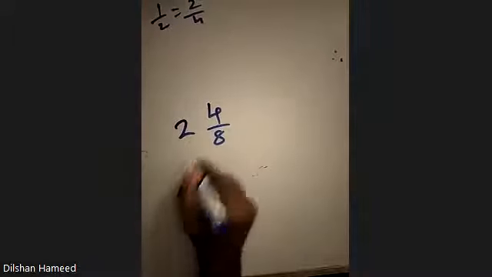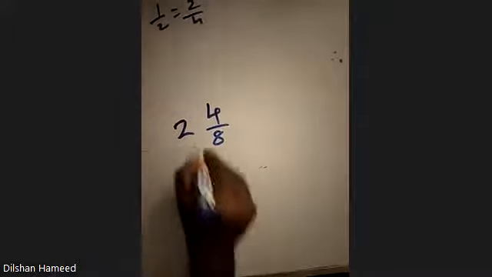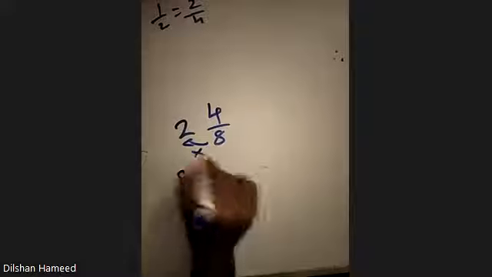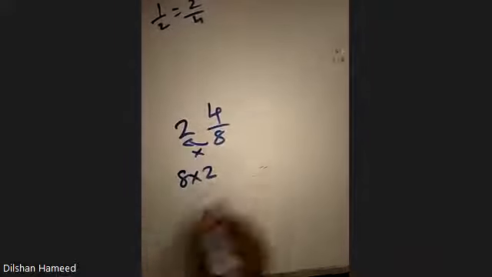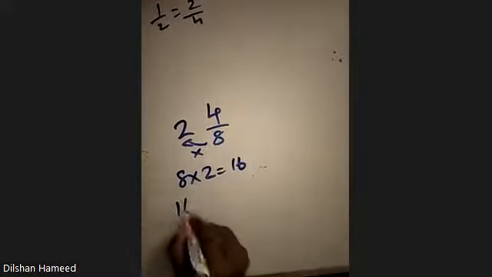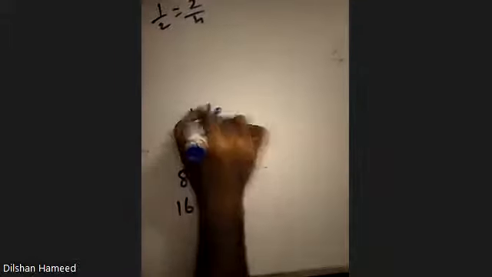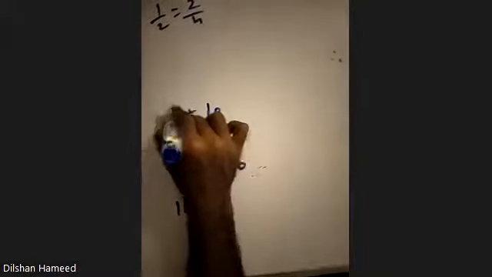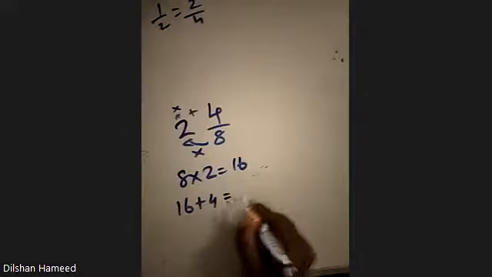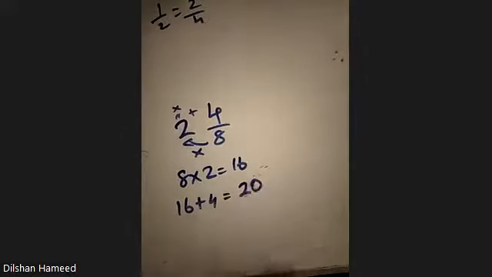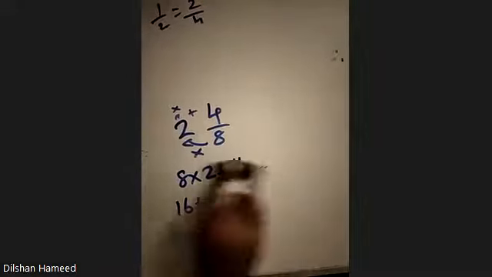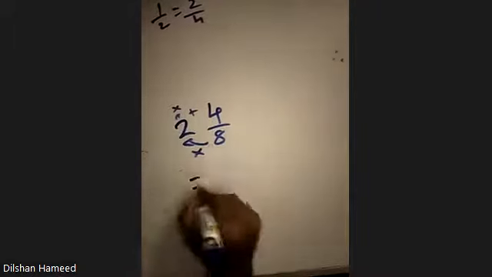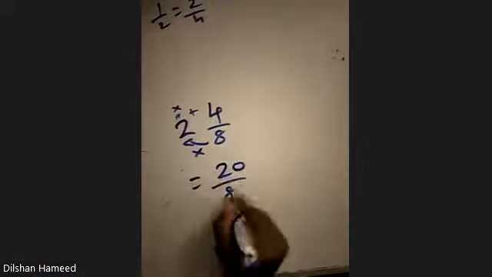So you multiply 8 into 2, and the answer is 16. So 16 plus 4. Whatever the answer comes, you add it with the 4. So 16 plus 4 is how much? 20. Okay. So you can do this mental calculation simply. 8 twos are 16. 16 plus 4 is 20 upon 8.